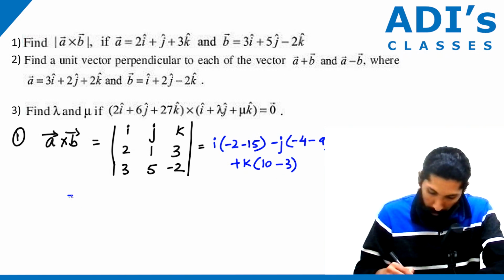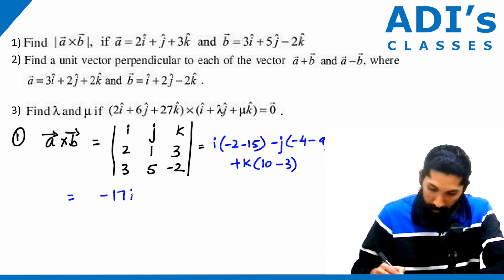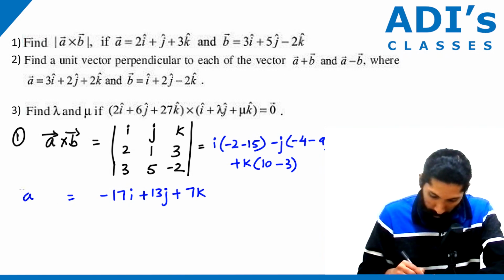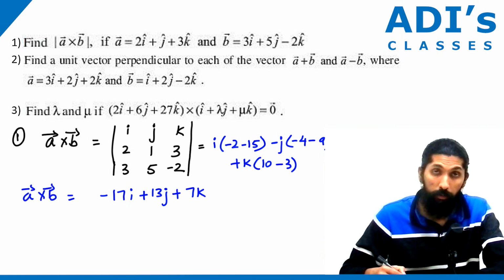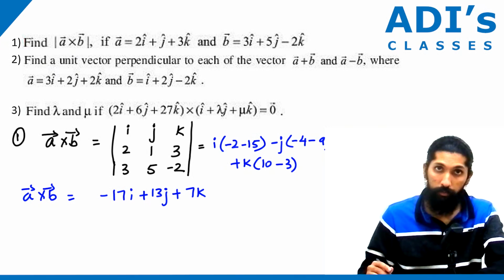So, what do we get? Minus 17I plus 13J plus 7K. Remember, this is A cross B. But what do we want? We want the modulus of A cross B, isn't it?